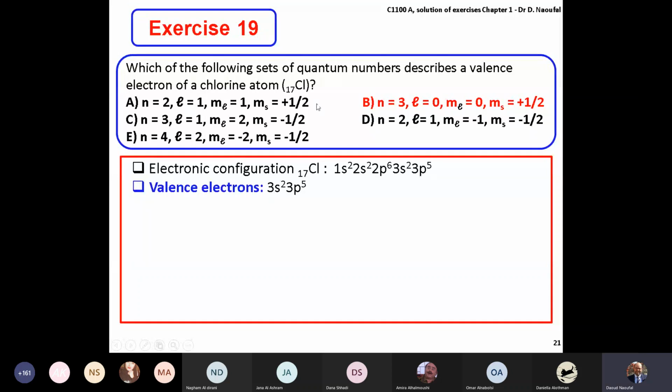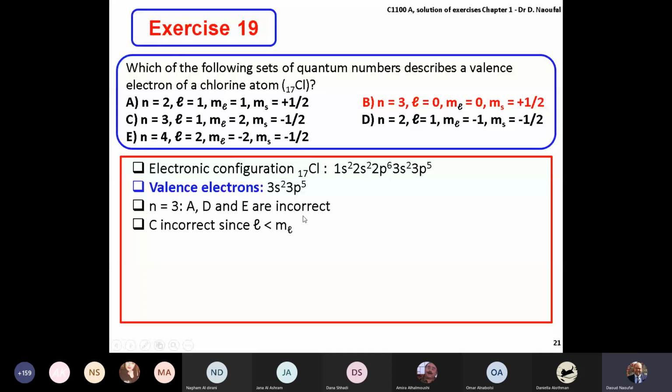We have 2 possibilities, B or C. If I consider C, n equal 3, L equal 1, this is 3p, and this is 3s.